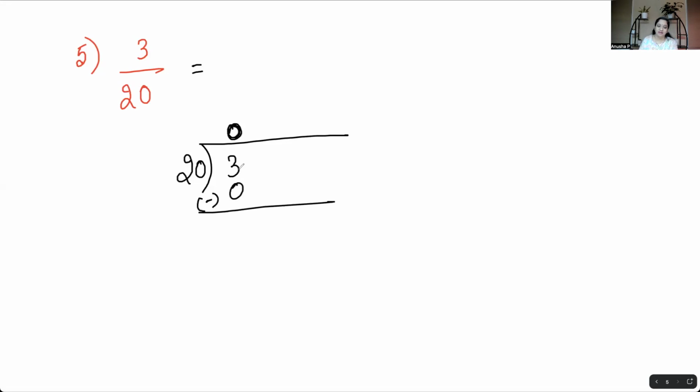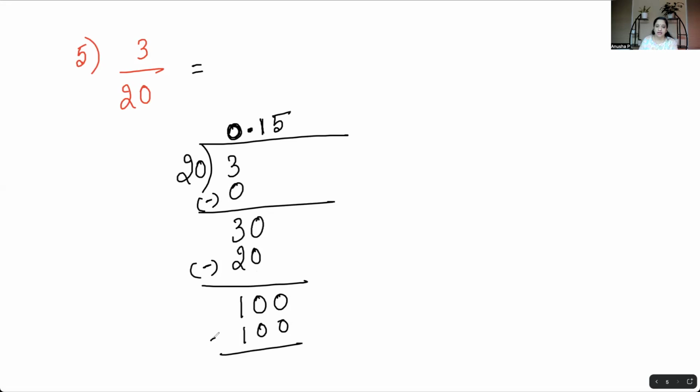Now we subtract: 3 minus 0 is 3. Now we keep the decimal point, and because of the decimal point, you bring 0 down. Now 20 times 1 is 20. So how much is 30 minus 20? 10. And because of the decimal point here, we can bring one more 0 down. So 20 times 5 is 100. So 100 minus 100 is 0.